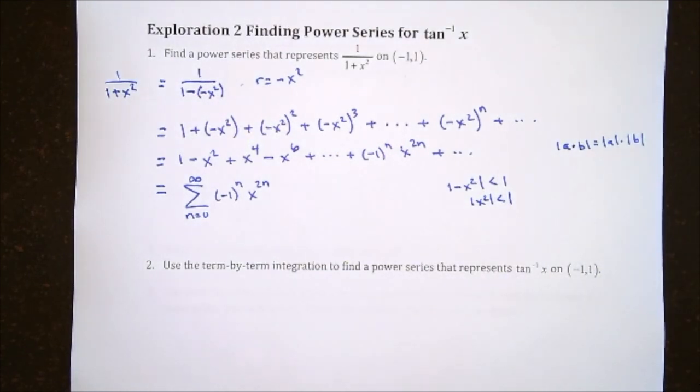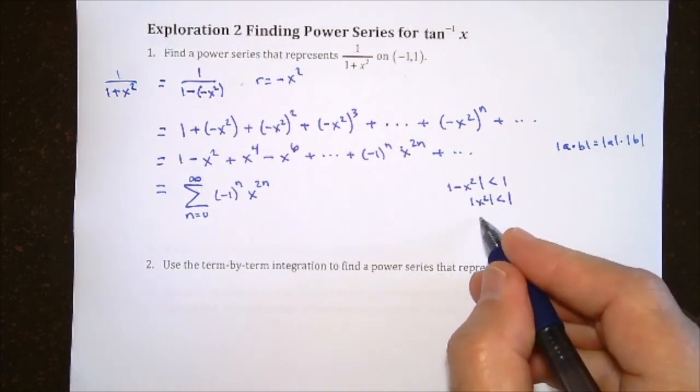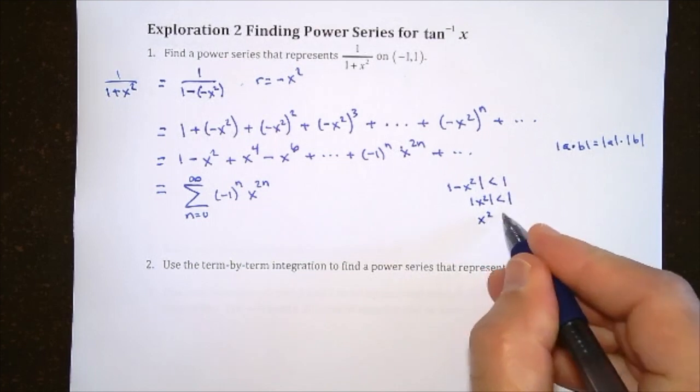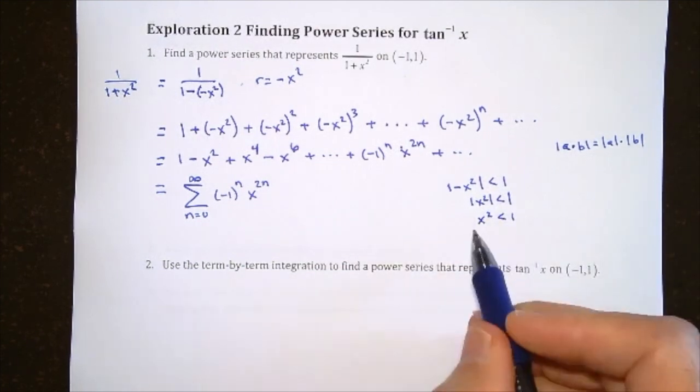But what do we know about x squared? It's going to be positive or 0. So we really don't need the absolute value here, because it's never going to be negative. So now what we have is x squared is less than 1.